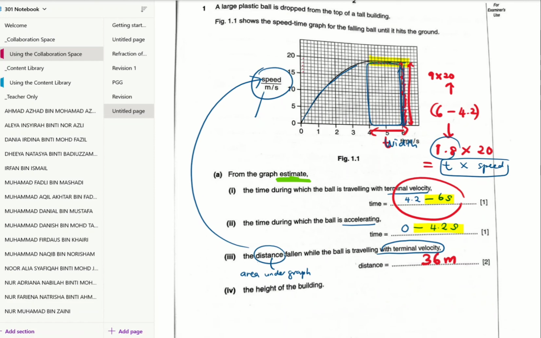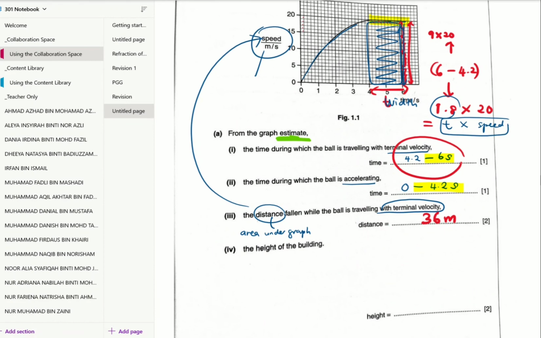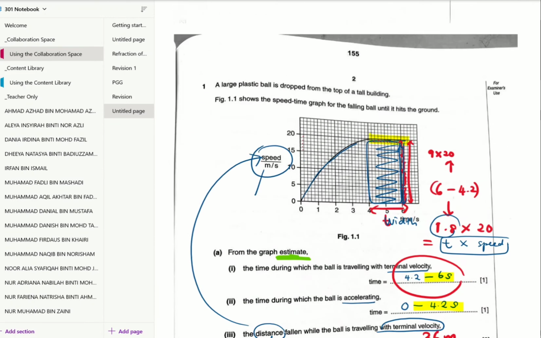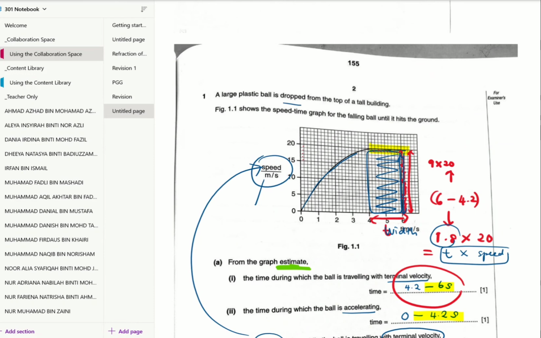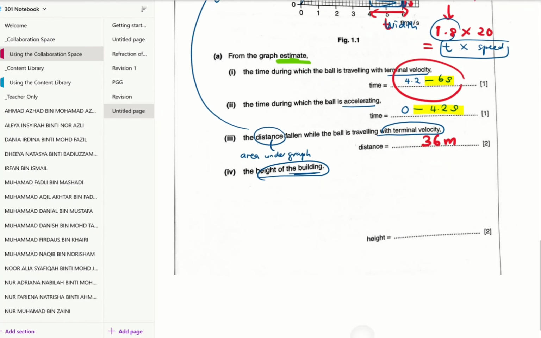Okay, if you look at the question, drop the top from the tall building. So we need to calculate all the distance from the beginning, from 0 time until time equals to 6 seconds. So for this, we need to calculate the area under the whole graph, because the ball falls from the tall building.